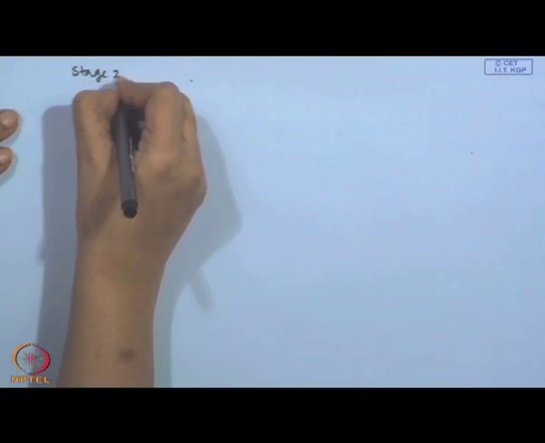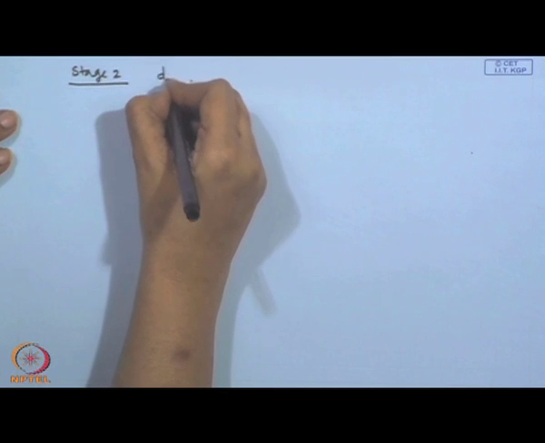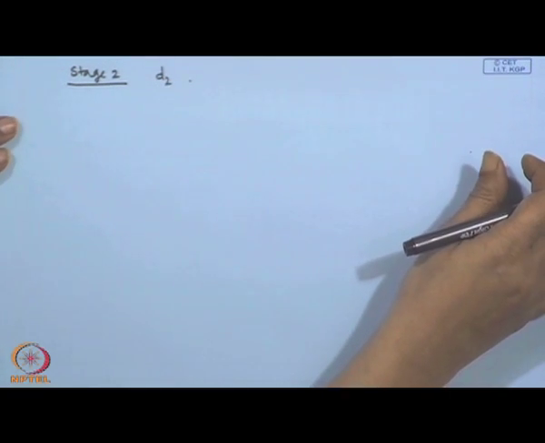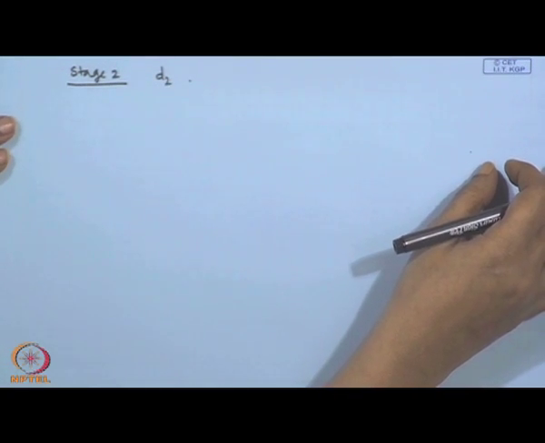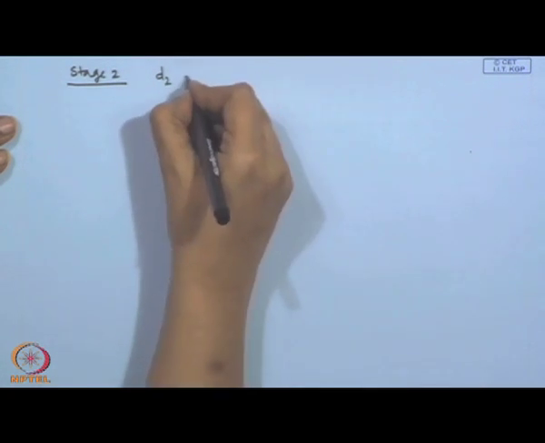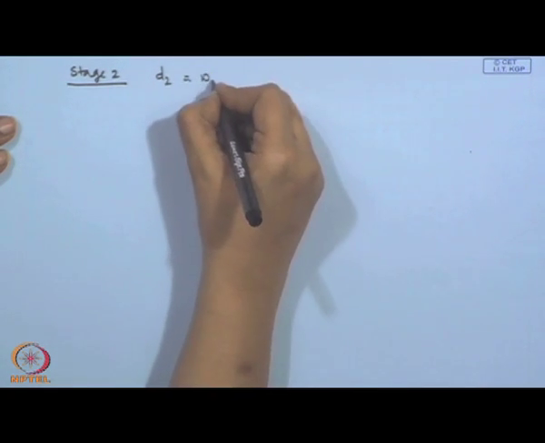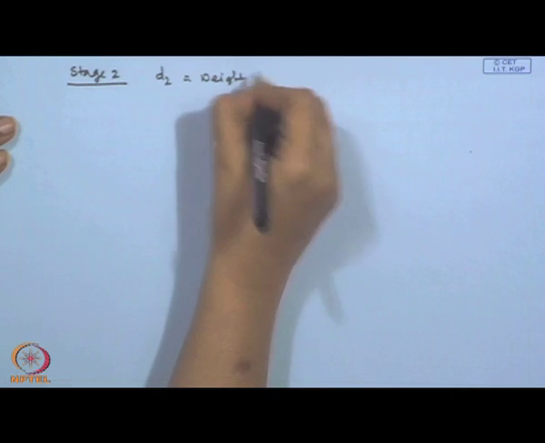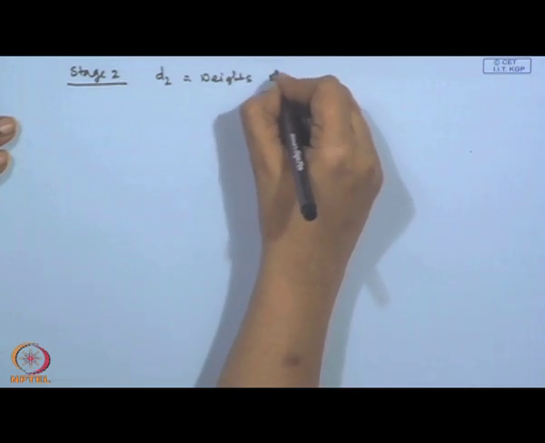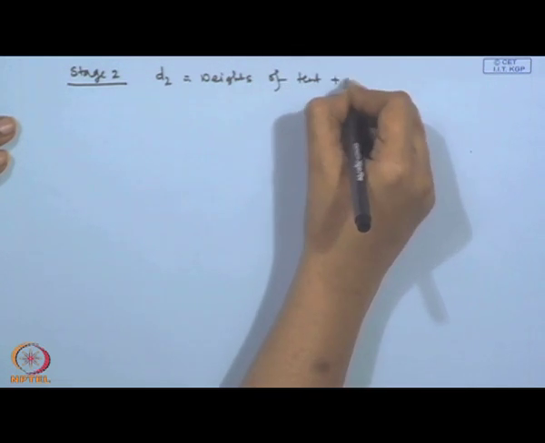What is happening, just see. Here also we are considering D2 as the decision regarding the weight of tent as well as bottle, total weight.